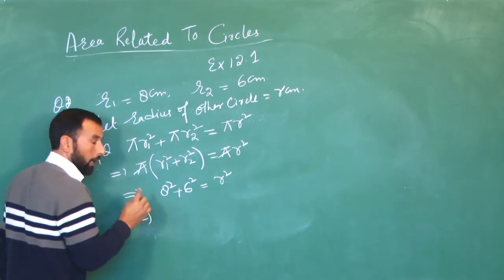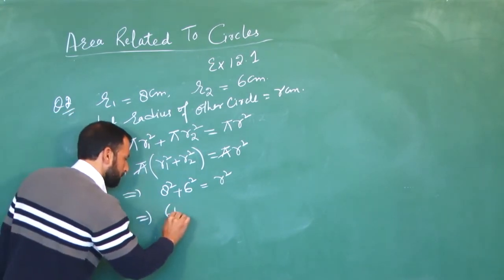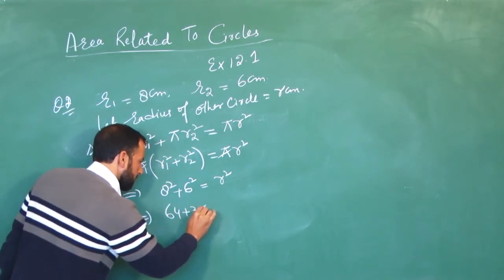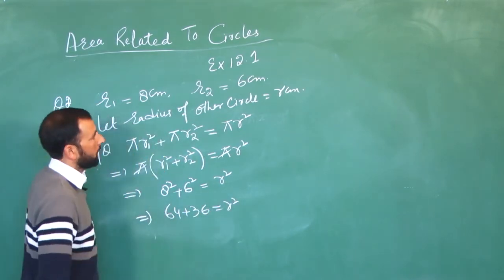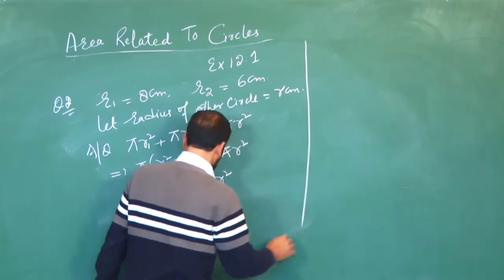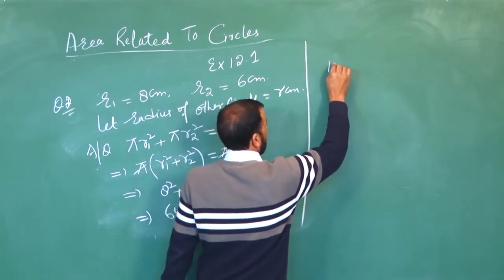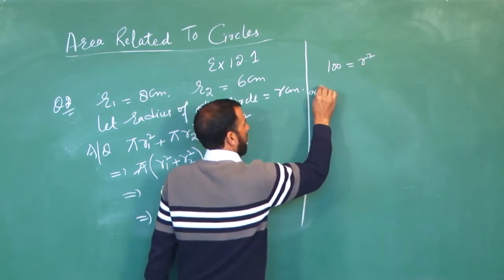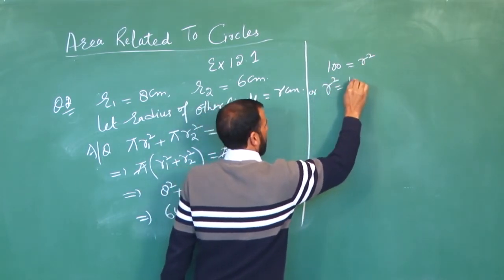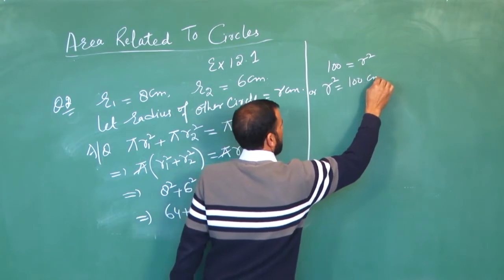Clearly 8 square is 64 plus 36 is equal to r square. What is 64 plus 36 here? 64 plus 36 is 100, equal to r square, or r square is equal to 100 centimeter.